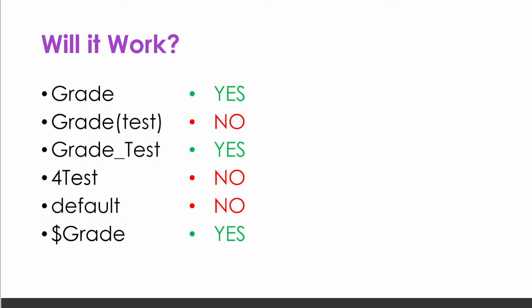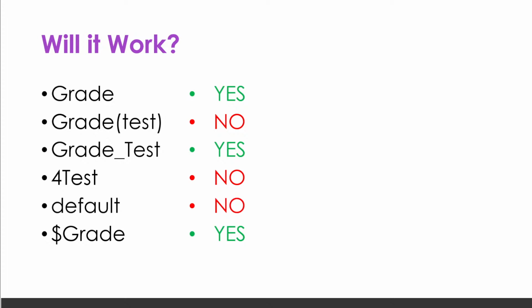And there's our answers. Right, the first one's just the word grade. Yes, of course, that will work. The second one, the reason it will not work is because of the parentheses. Remember, no special characters aside from the underscore, which is the special character that's used in line 3 there.